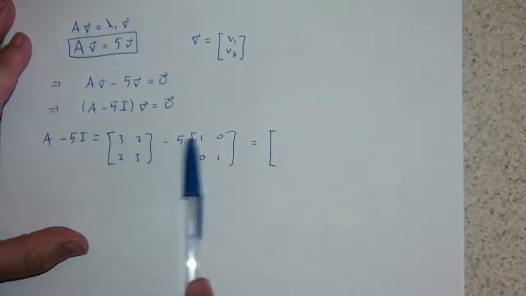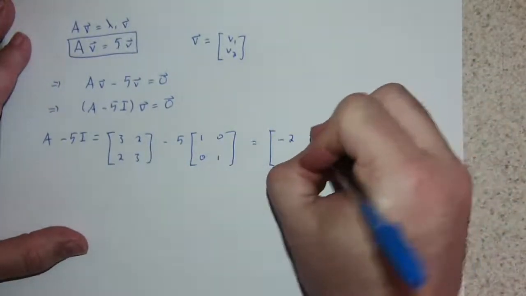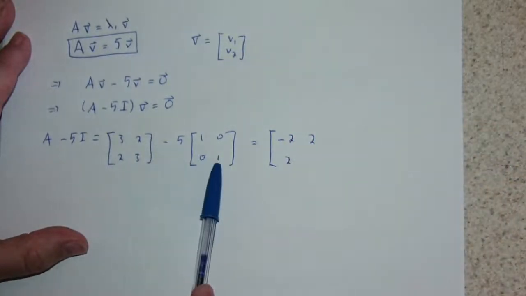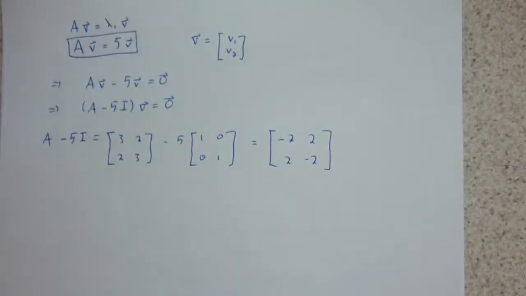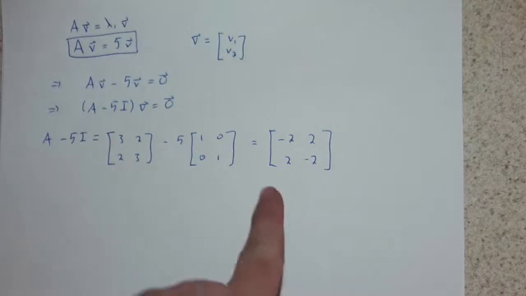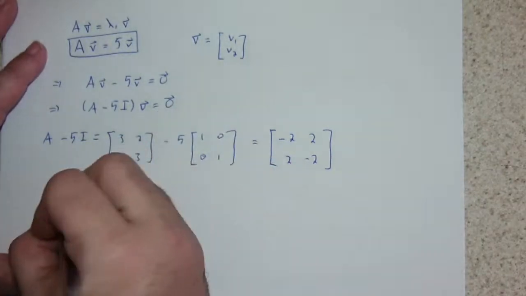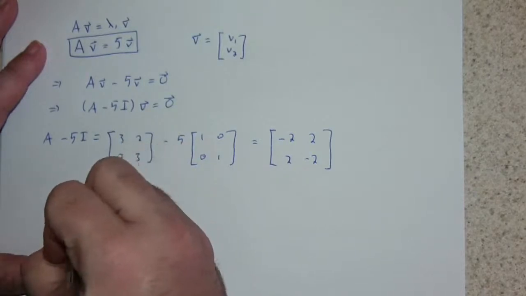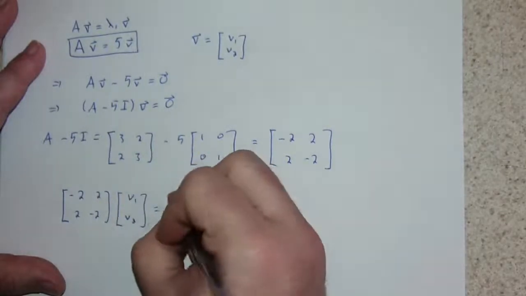This is 3 minus 5, so that's minus 2. 2 minus 0, so that's just 2. 2 minus 0, so that's 2. 3 minus 5, so that's also minus 2. So A minus 5I is minus 2, 2, 2, minus 2. Okay. So then A minus 5I times v is equal to 0 is really the matrix minus 2, 2, 2, minus 2 times the vector v1, v2 is equal to the 0 vector.